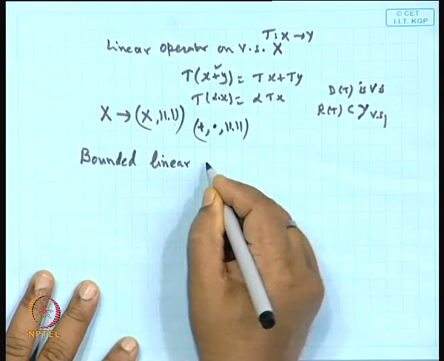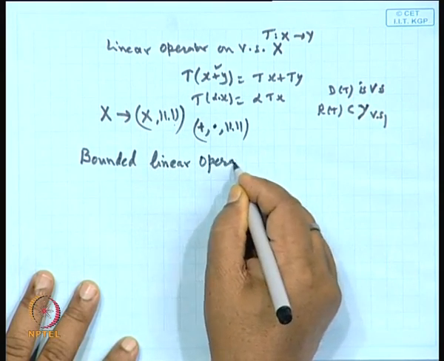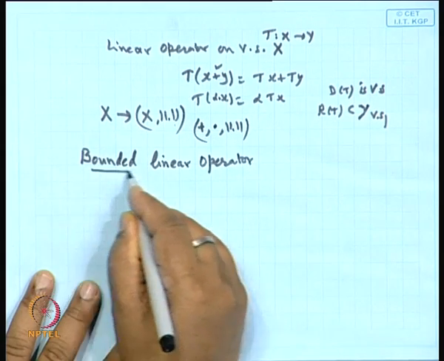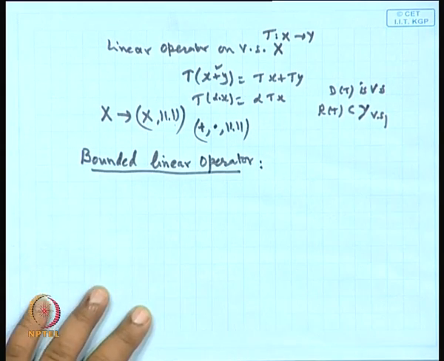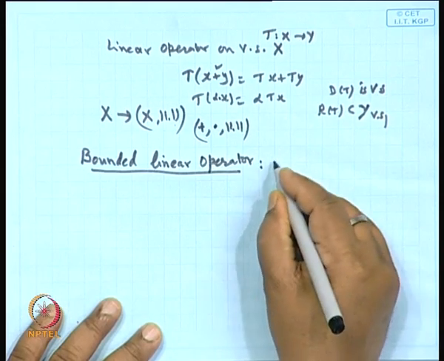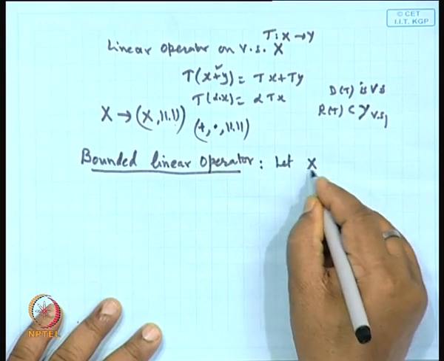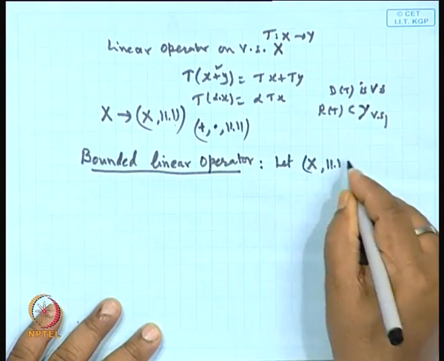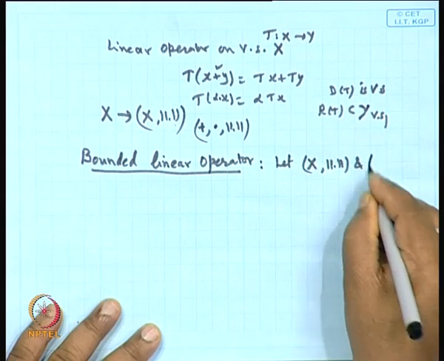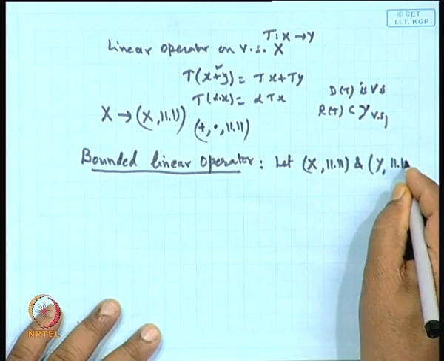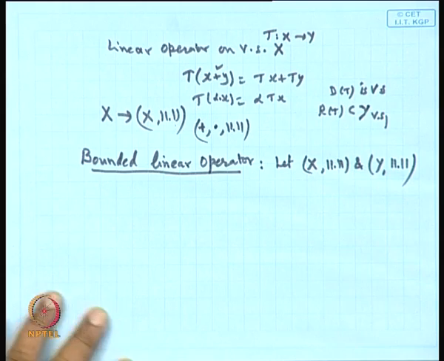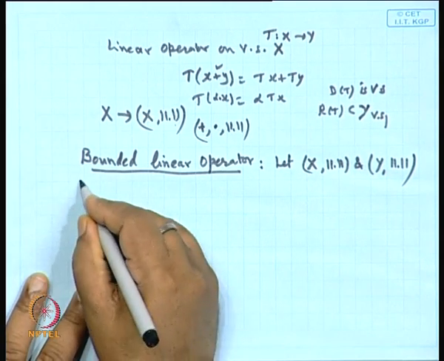The bounded linear operator is defined as follows: let X and Y be normed spaces.